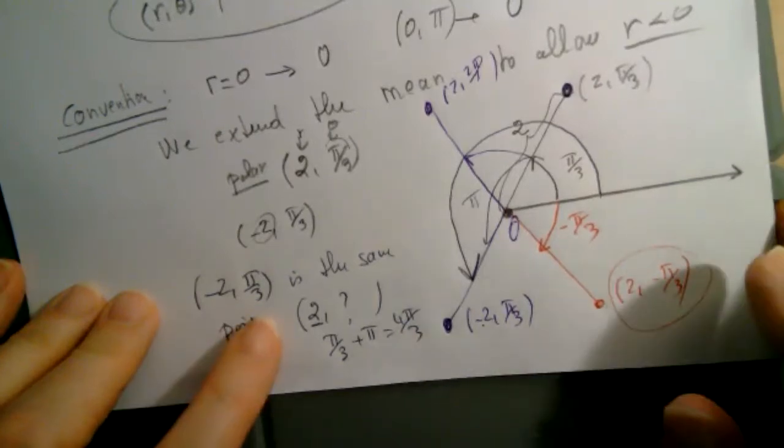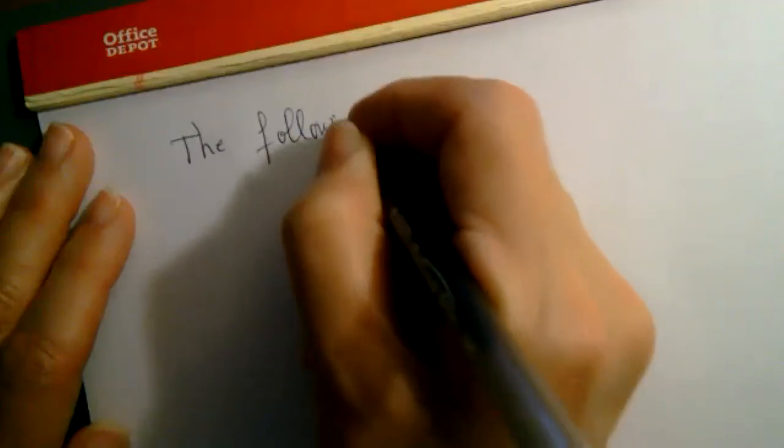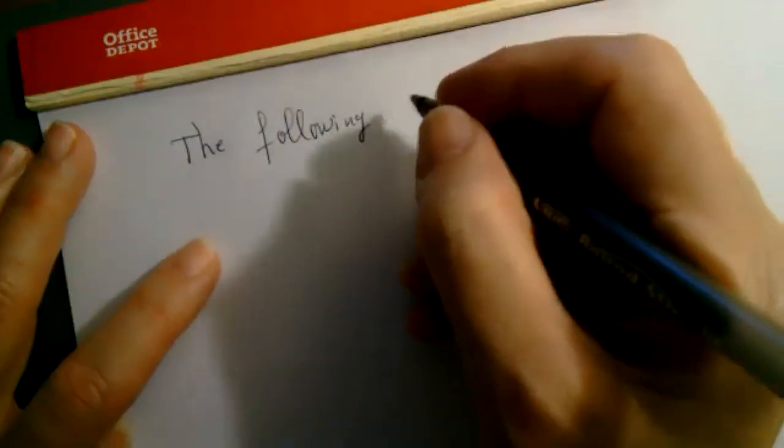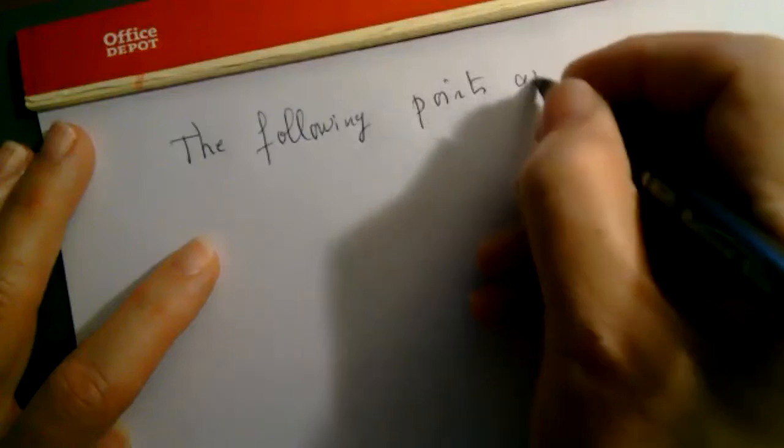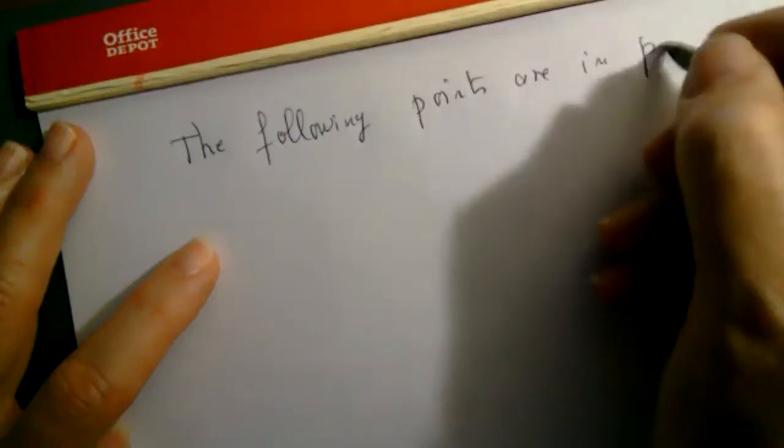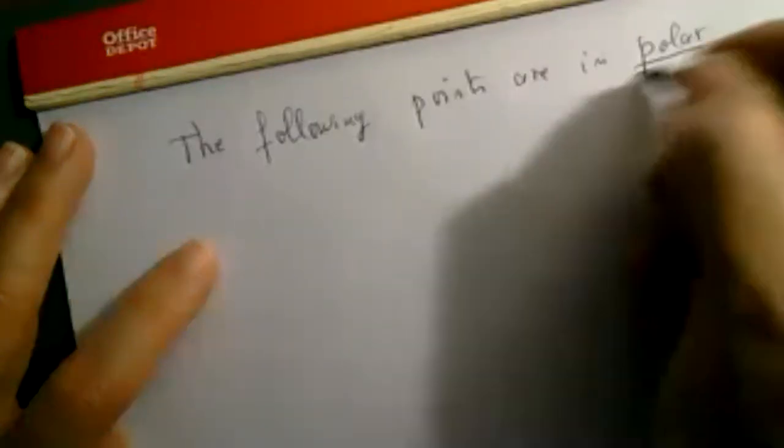So let us sketch some of those points so you can have a real feeling for it. I'm going to sketch several points in polar coordinates. So the following points are in polar coordinates, and we will sketch them to get a feeling for them.